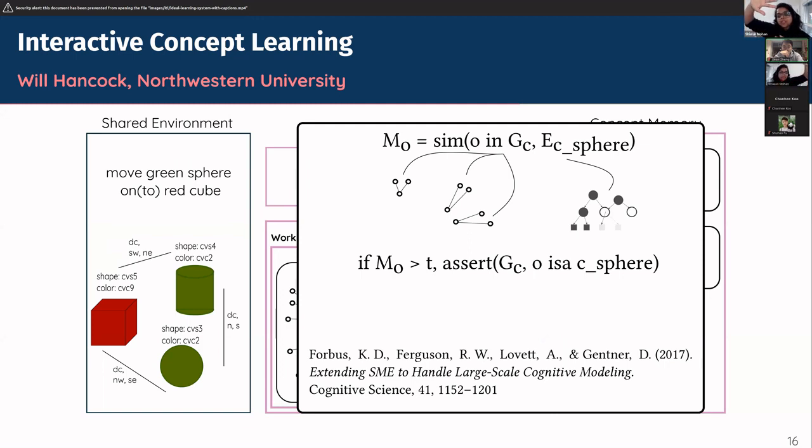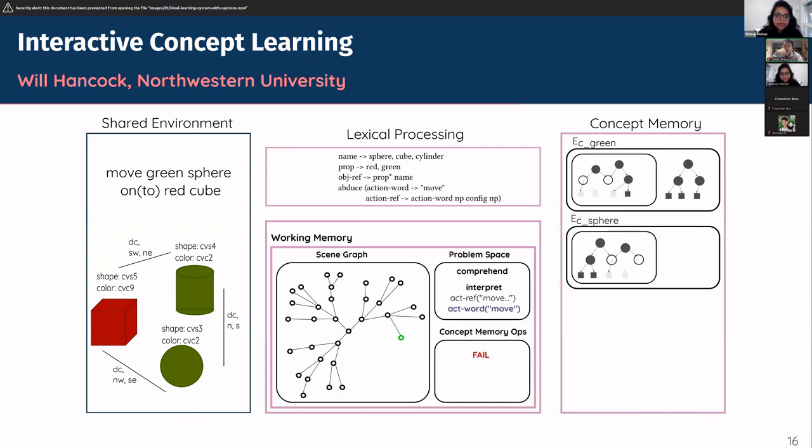And if that analogy is highly scored, then I'm asserting it in my working memory. So now, this was the case where there was a set of experiences in the agent's concept memory that corresponded to sphere, right?